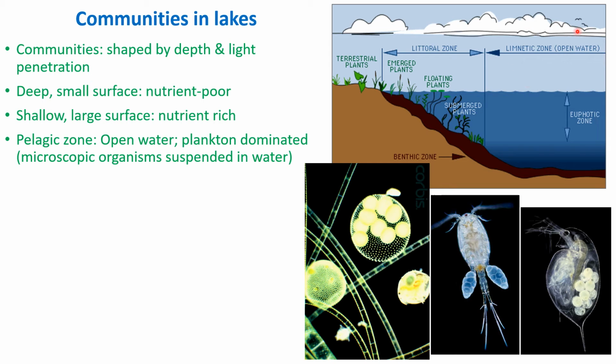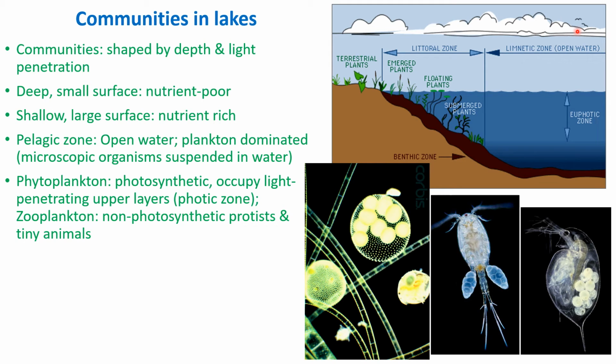And since that's an open water environment with ample exposure to solar radiation, there's a lot of plankton, which dominates the biological community, right? And you know what planktons are. Those are microscopic organisms that are suspended in water.